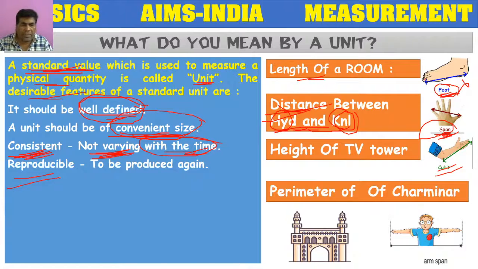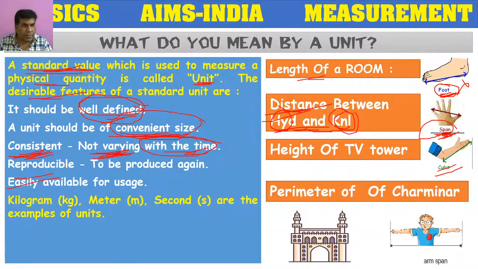Reproducible nature means if I measure here and tell the value, the shop owner should also get it. He should reproduce that measurement and give it to the worker. So the physical quantity should have that reproducible nature, and it should be easily available for usage.